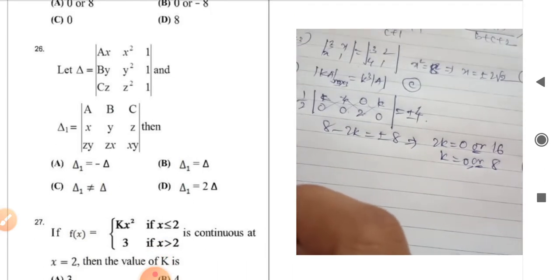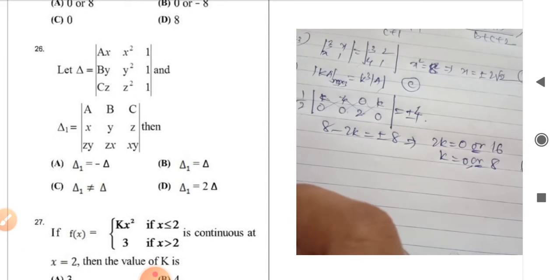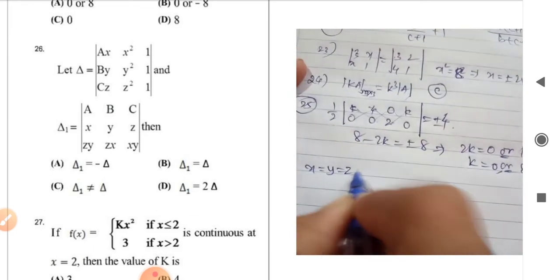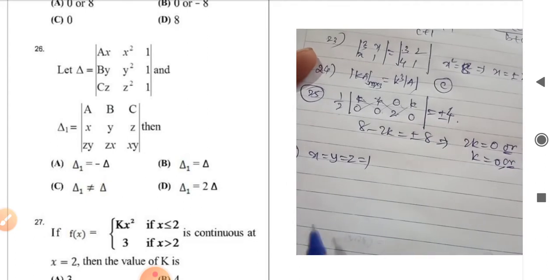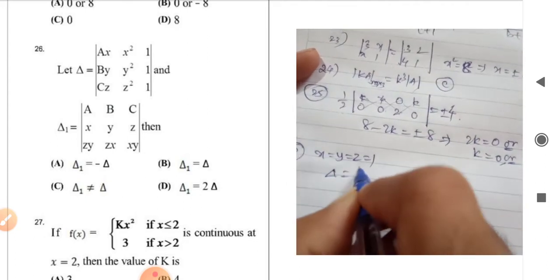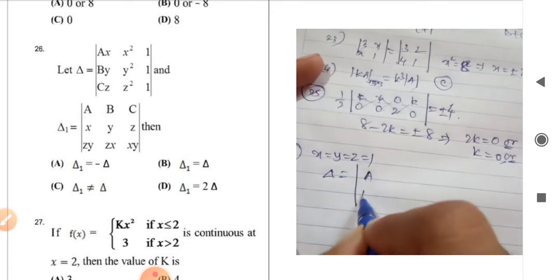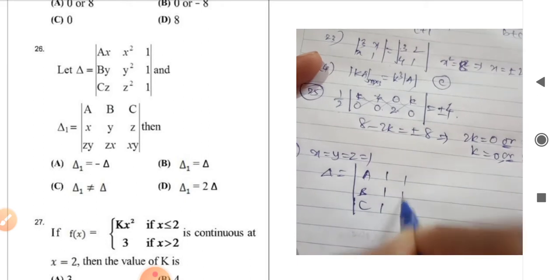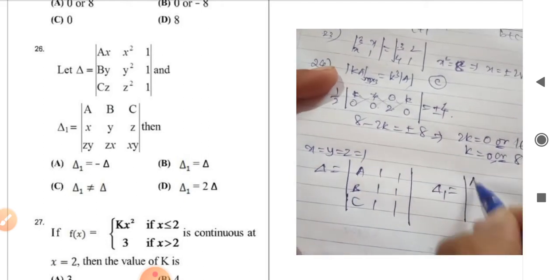The 26th one, here it is. The 26th problem is a very simple problem they have given for us. Look at this 26th one. What you can do, simply put x y z equal to 1. In such problems you just put, and when you look at this, delta looks like this, that is a b c, and the rest of the terms are 1 1 1 1 1 1, and delta 1 looks like this, a b c 1 1 1 1 1 1.